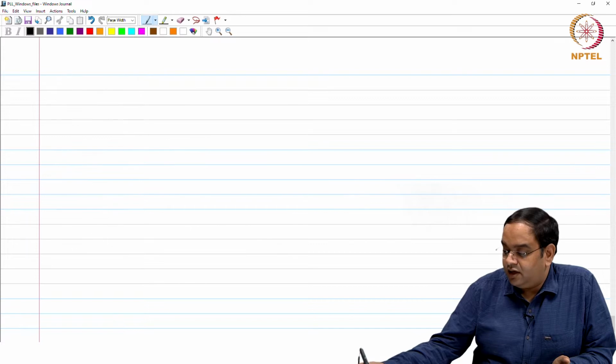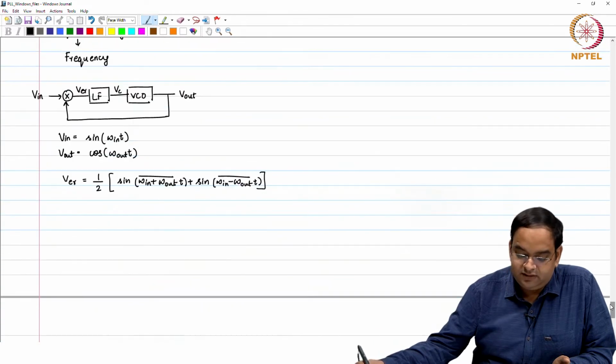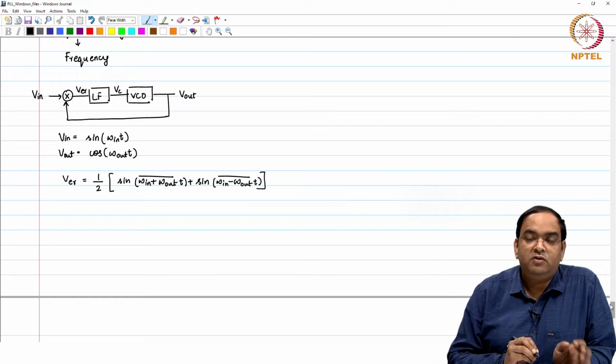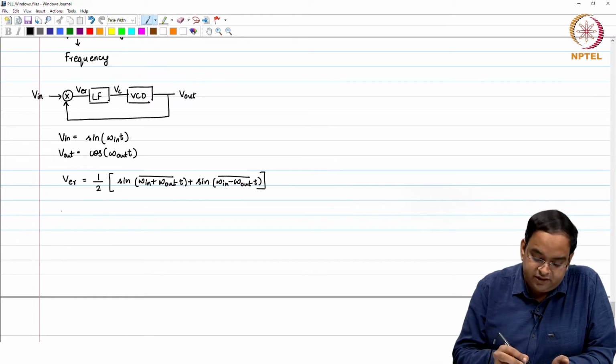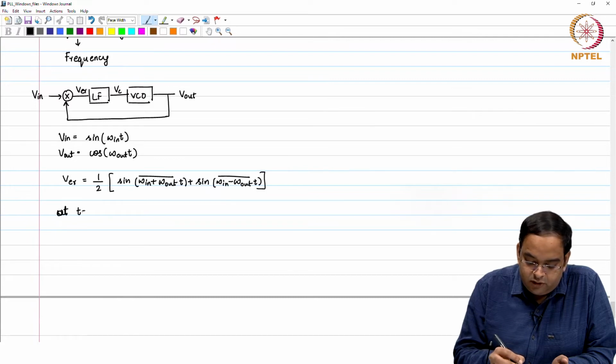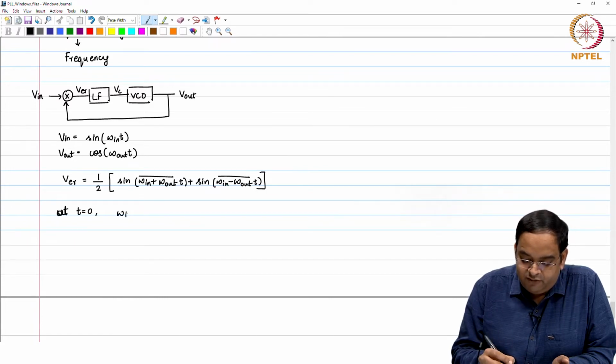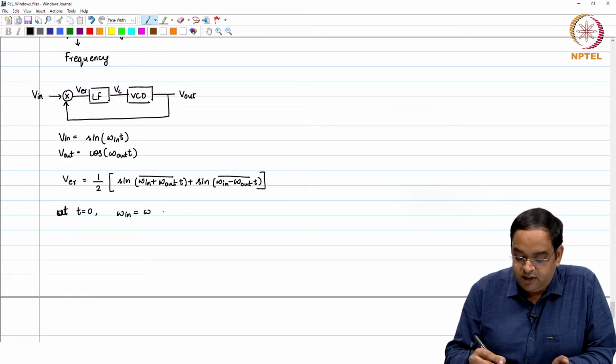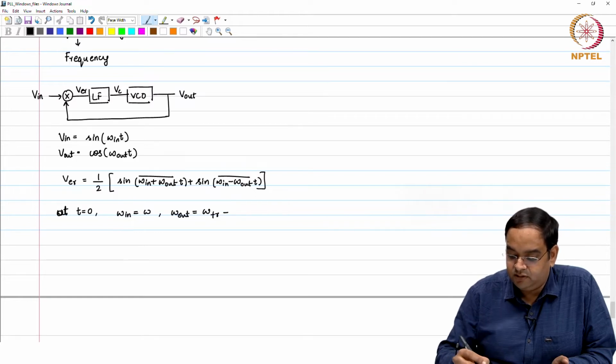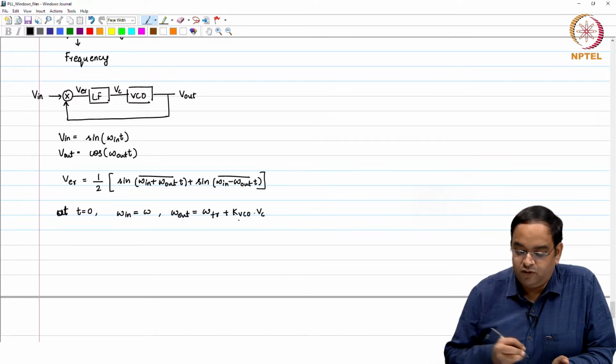Now, to begin with, we need to find out what the frequency acquisition ranges are. So, let us say at t equal to 0, we have omega in equal to omega, and omega out, which is always given by omega free plus k VCO times V control voltage.